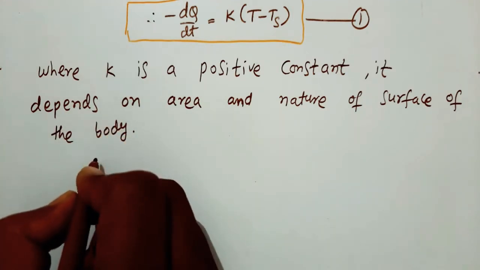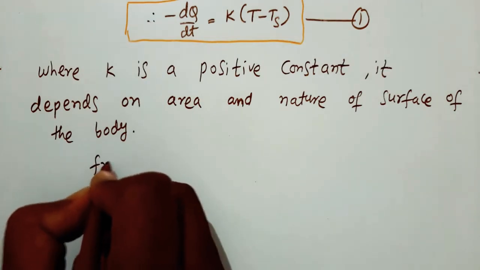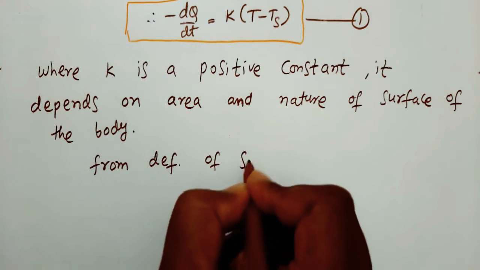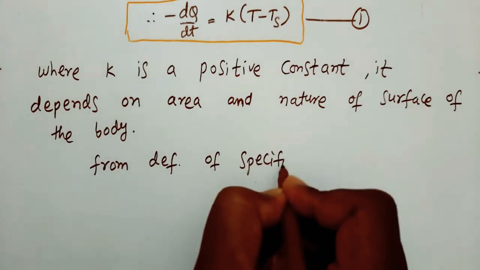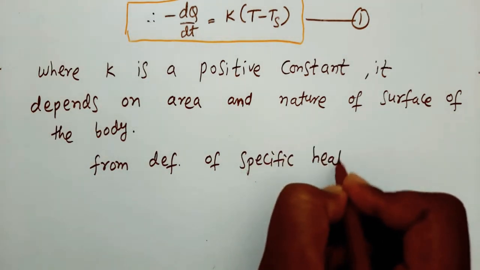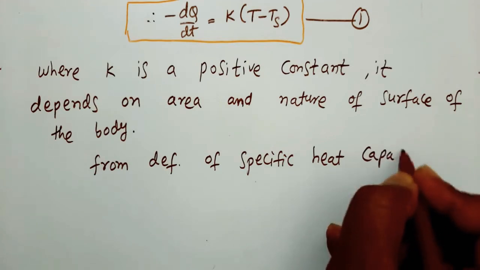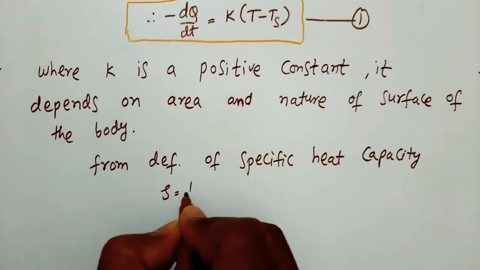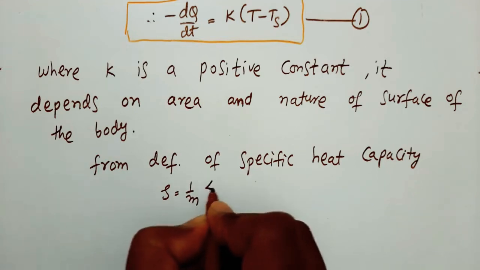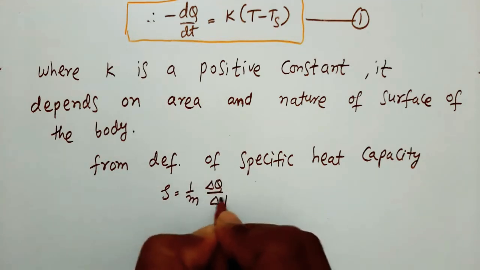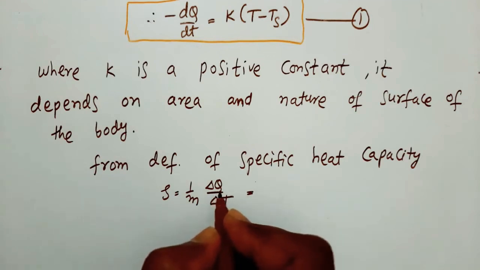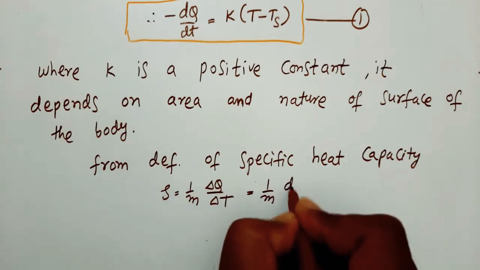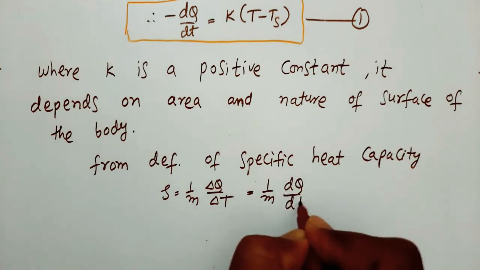From the definition of specific heat capacity, we know small s is equal to 1 by m into delta Q by delta T. If delta T is small, we can write 1 by m dQ by dT.